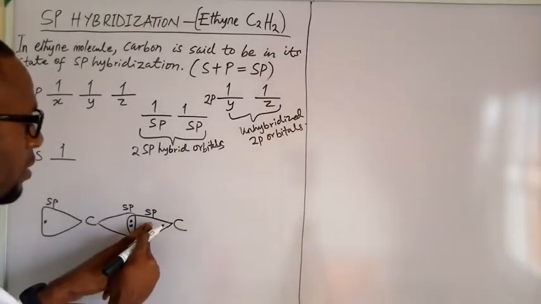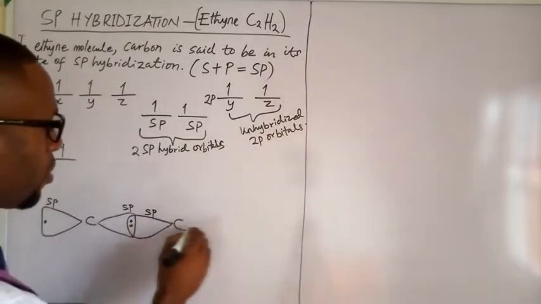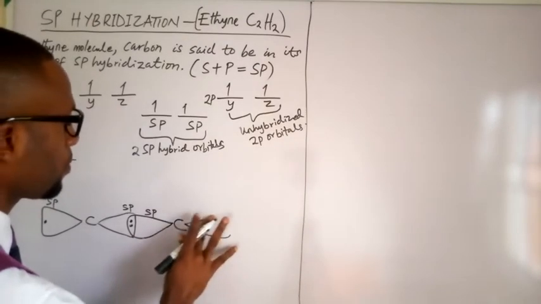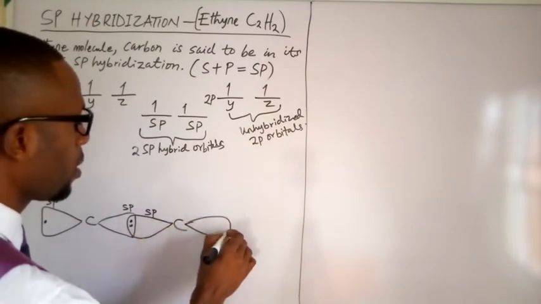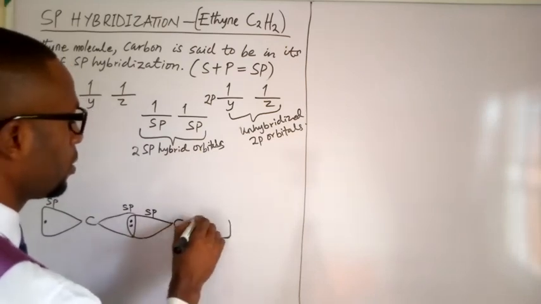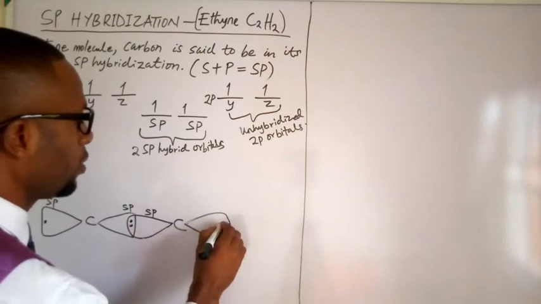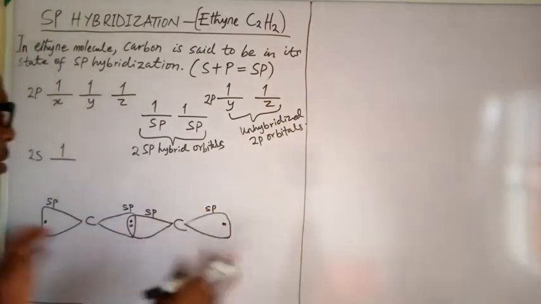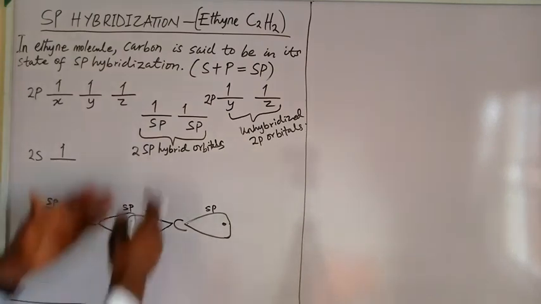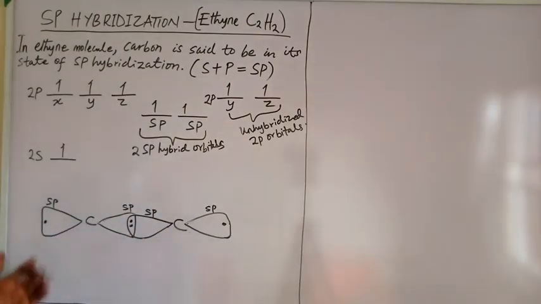So we have depicted one sp hybrid orbital. Another is here for this carbon. Nice. Okay, so this is another sp hybrid orbital for this carbon. So we have depicted the diagrams of the two sp for this carbon, the two sp for this carbon.